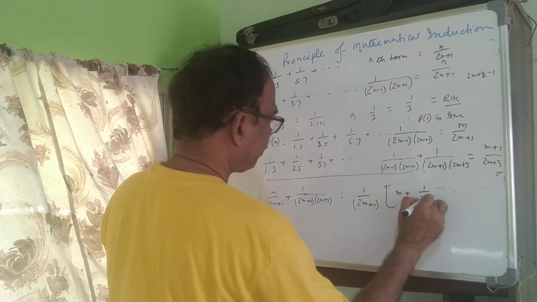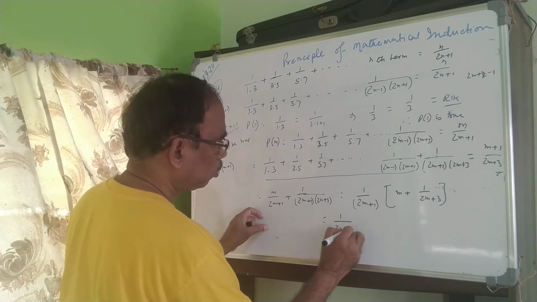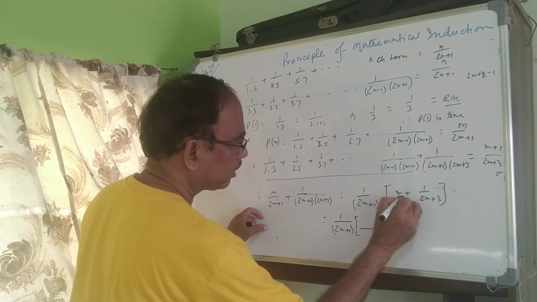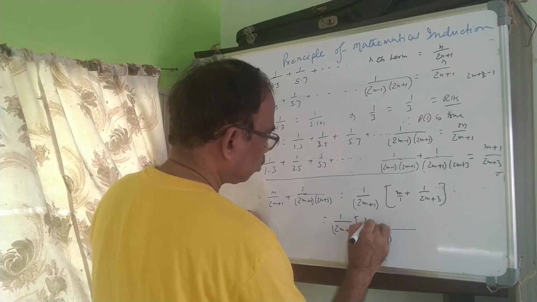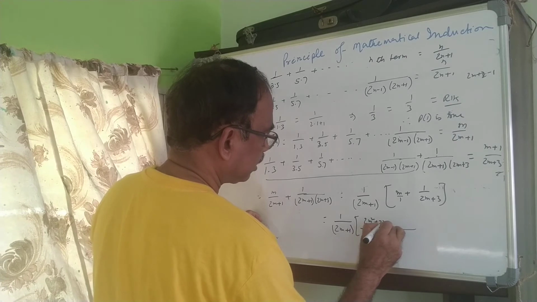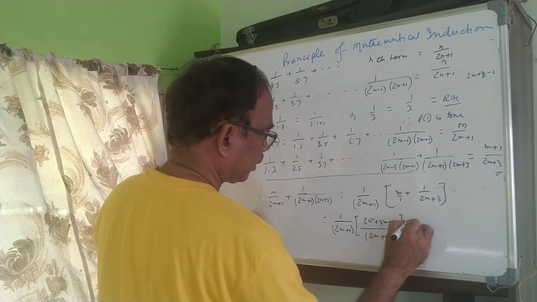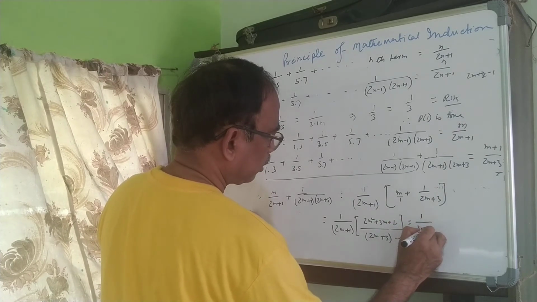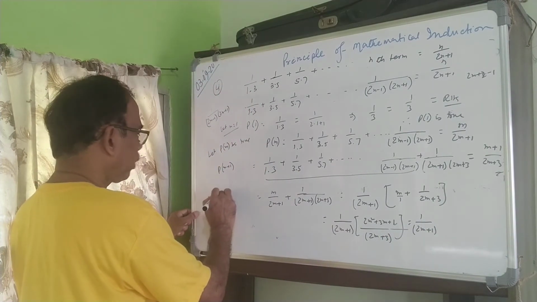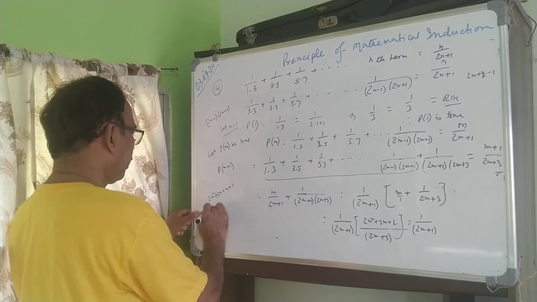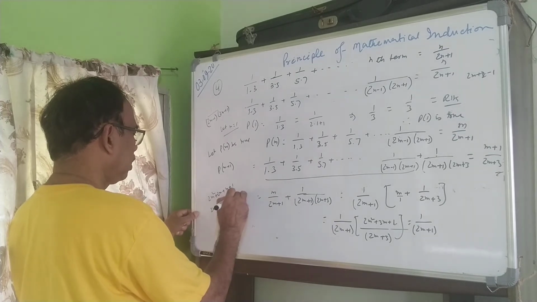(m+1)/(2m+3) = 1/(2m+1) ... do addition: this is 1, that is 2m+3, that is 2m² + 3m + 1 over ... equals 1/(2m+1). 2m² + m, do a middle term break: 2m² + 2m + m + 1, 2m common, (m+1), 1 common, (m+1).